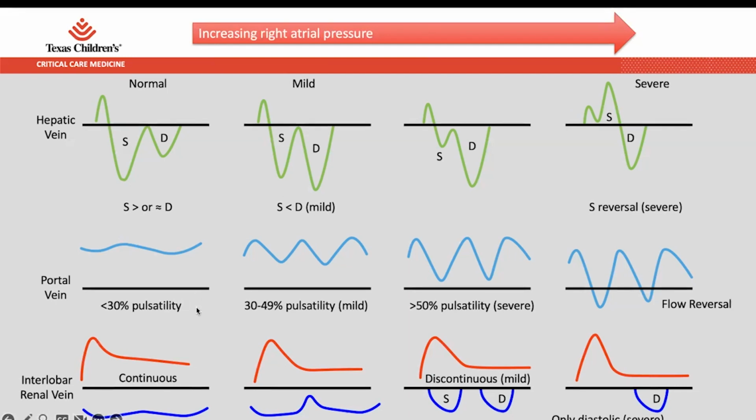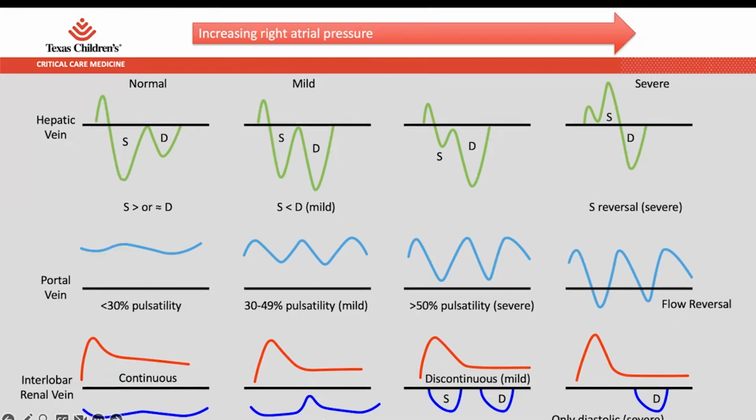In the normal state, we'll be able to pick up arterial flow that's usually towards the probe, as the parenchyma and the cortex of the kidney are going to be closer to your probe than the artery is. So you'll see the flow as like an A-line tracing for the renal artery flow, and the venous flow will be in the other direction and be kind of continuous, much in the same way as the portal vein flow is continuous.